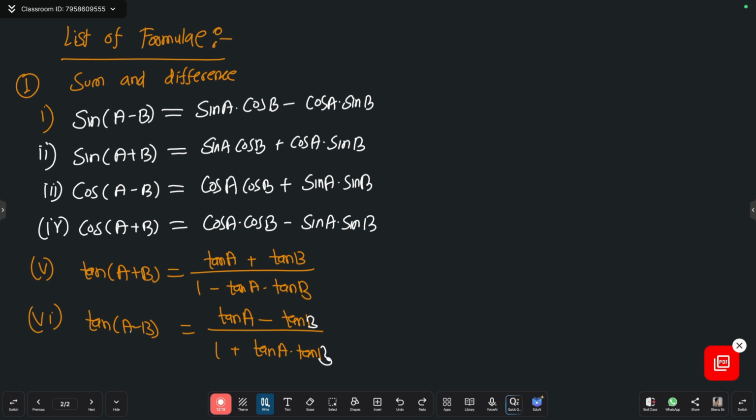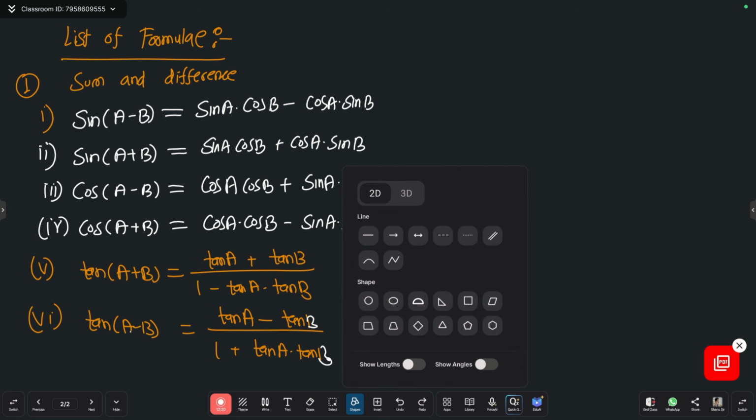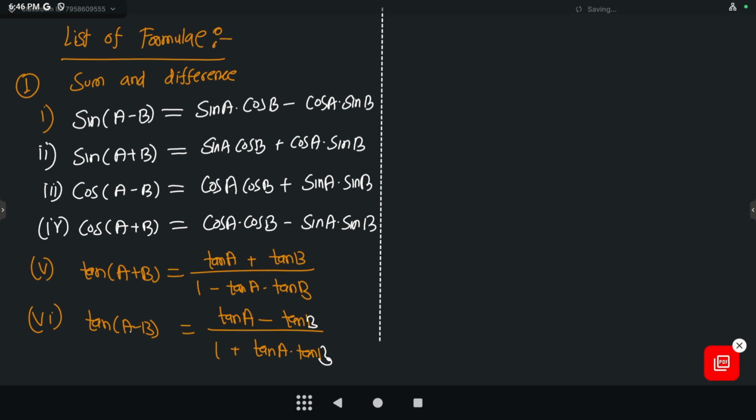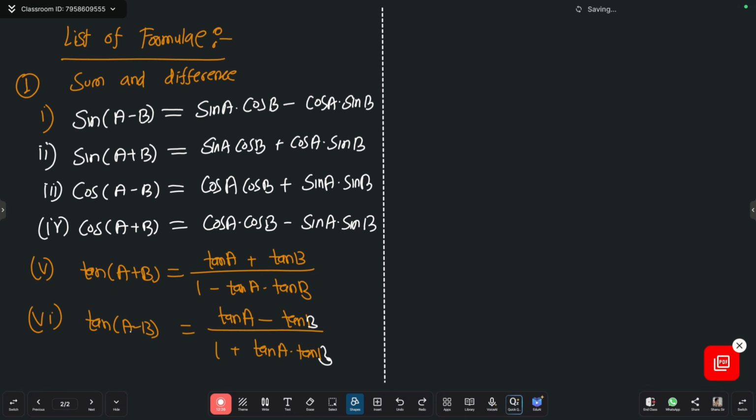Next, 7th: cot of A plus B and cot of A minus B. How to write cot?